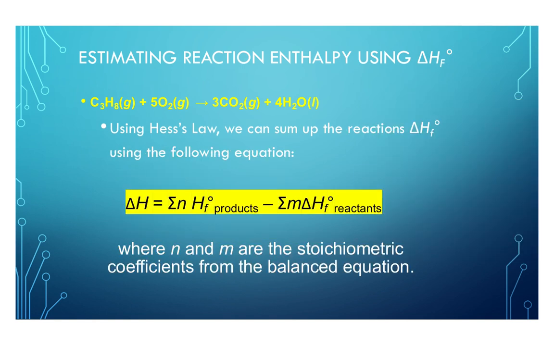Thus, since we just summed that up using Hess's law, we can sum up the reactions of delta H of formation, so that if we sum the number of moles times the delta H of formation of the products and subtract the number of moles times the delta H of formation of the reactants, we can figure out delta H for the entire reaction.